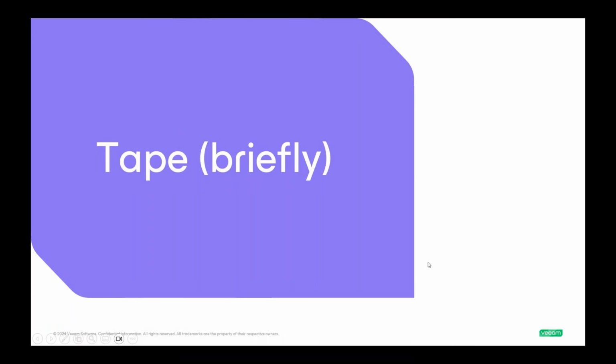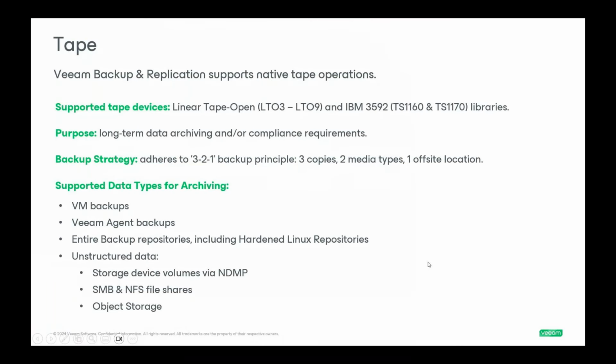So let's get going here. Overall, Veeam does support LTO 3 through LTO 9 and IBM type tape libraries. Like I said, the purpose of this is long-term archiving, or just meeting company guidelines, compliance requirements, following those 3-2-1 rules.